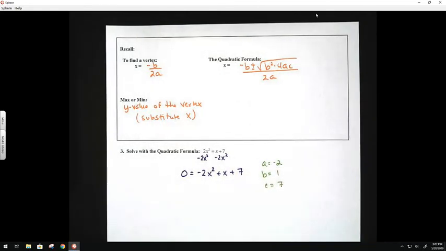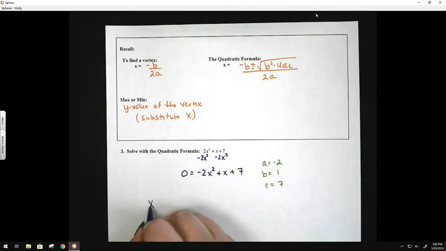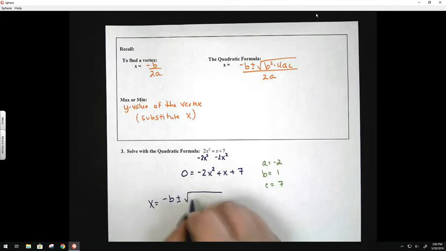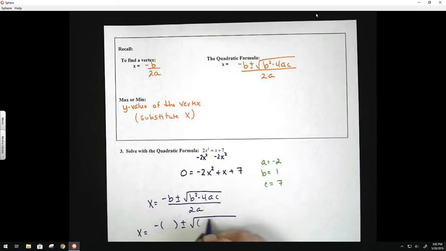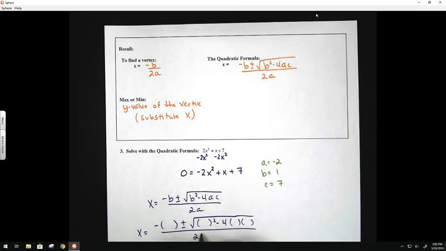Now we're just going to use the quadratic formula. So I always start by writing the formula first. Negative b plus or minus the square root of b squared minus 4ac all over 2a.